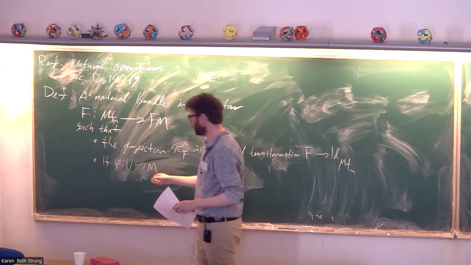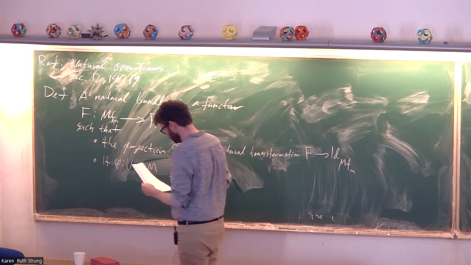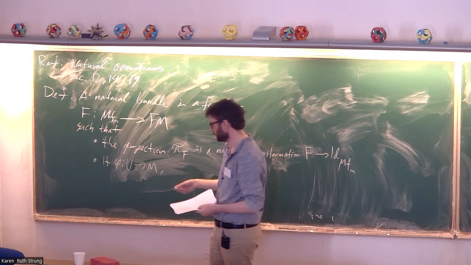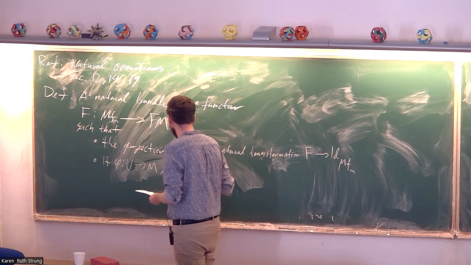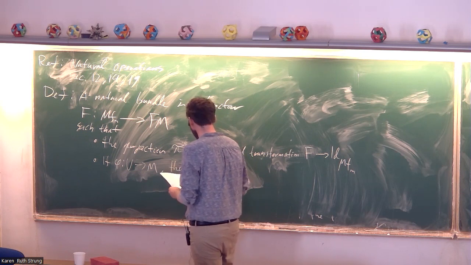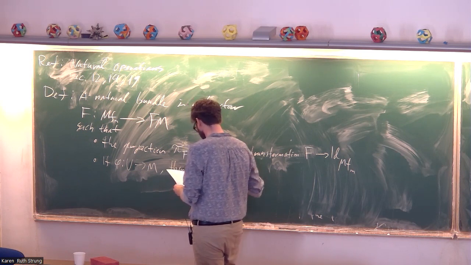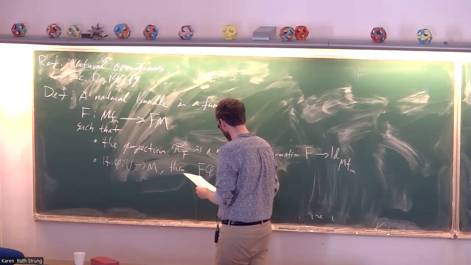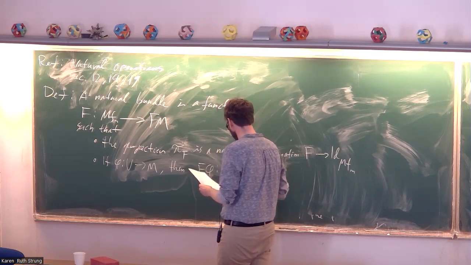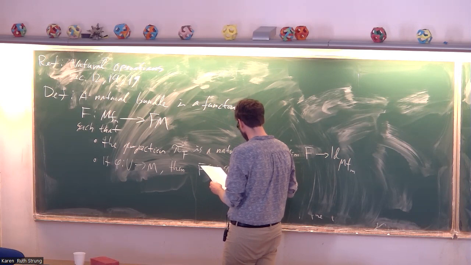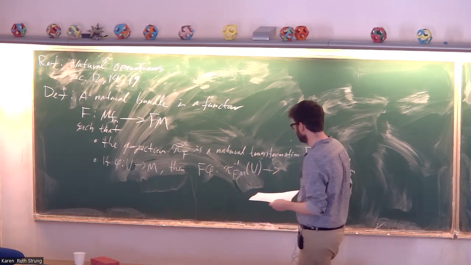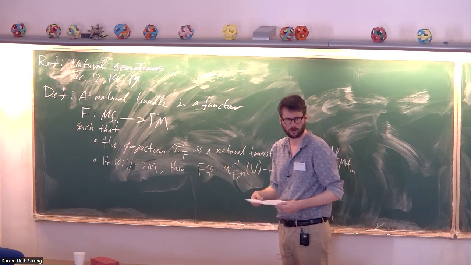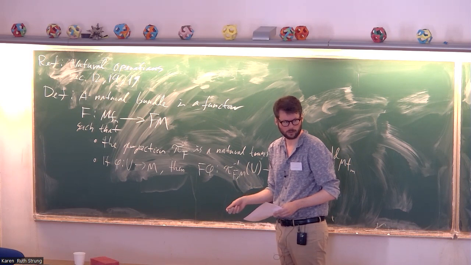So if phi from U to M is open, or the embedding on open submanifold, I should say, then the image of the functor is just an inclusion of an open subset into the total space of the target.